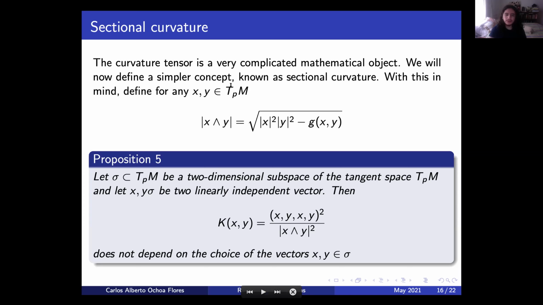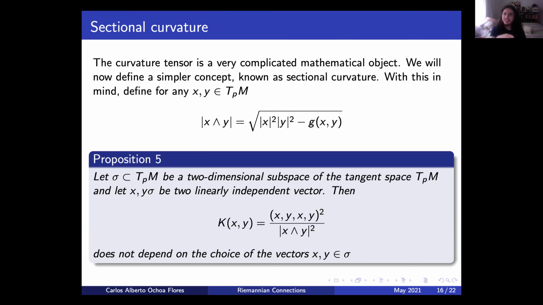So for this, we will denote this difference here as the absolute value of the wedge of x and y, right? And we let sigma. We want to say how to calculate this thing that we'll call the sectional curvature.